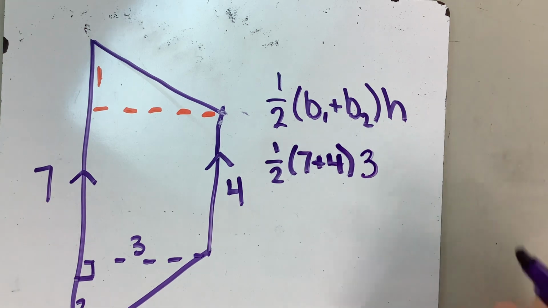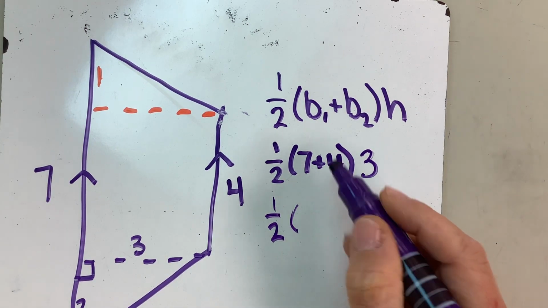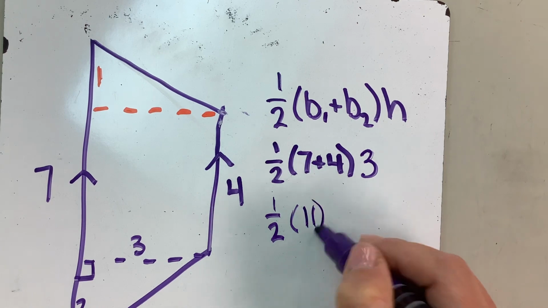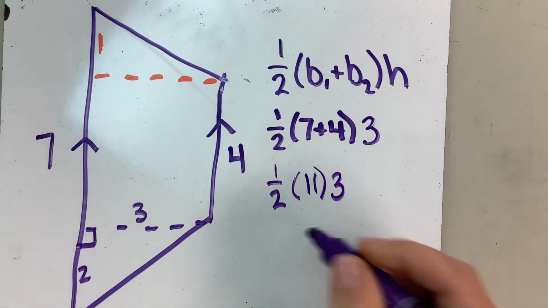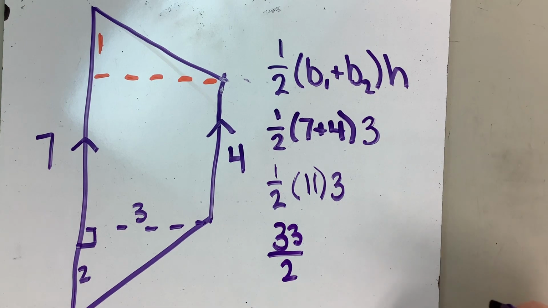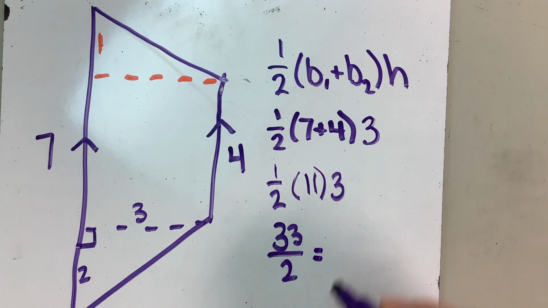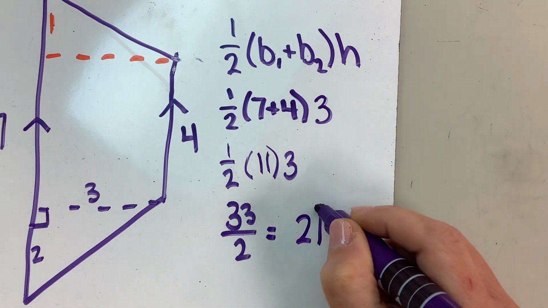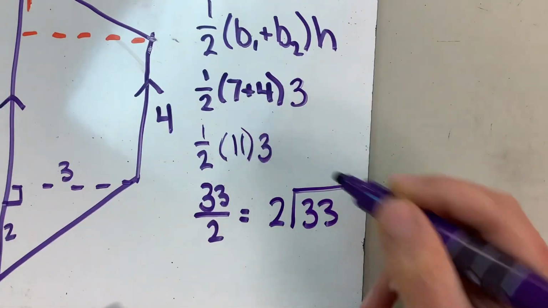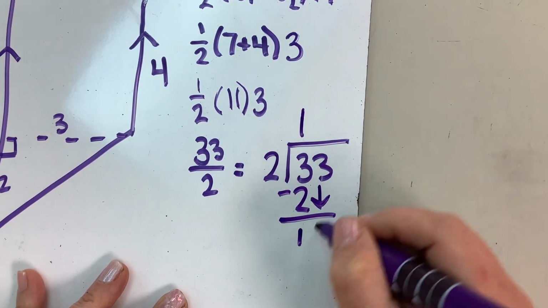Again, work out the 7 plus 4 first, which is 11 times 3. So that's going to be 33 divided by 2. And again, you can do the division. So 2 goes into 33 once, 1 left over, bring down that 3.